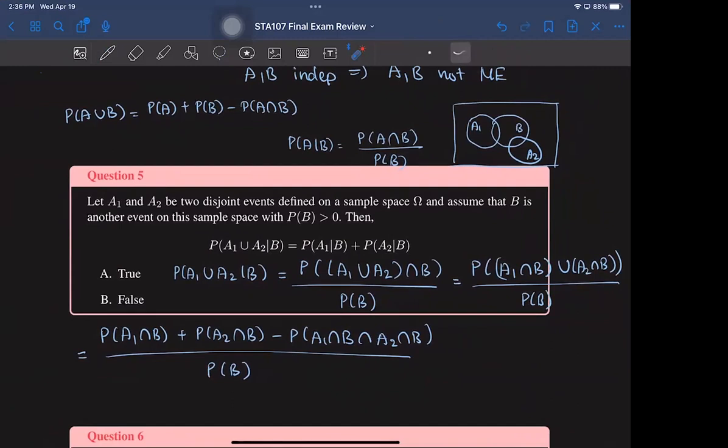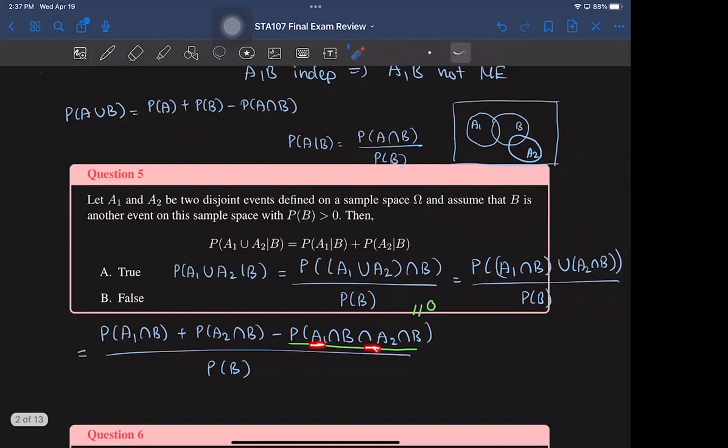Okay. And what we realize is A1 and A2 are disjoint, right? Since A1 and A2 are disjoint, the third expression here is equal to 0, because A1 intersect A2 is just an empty set, and probability of an empty set is 0.